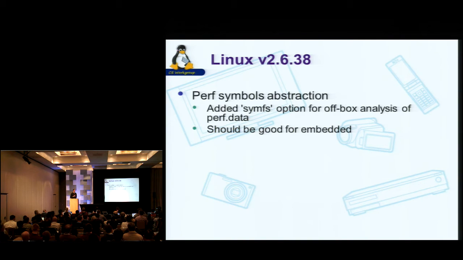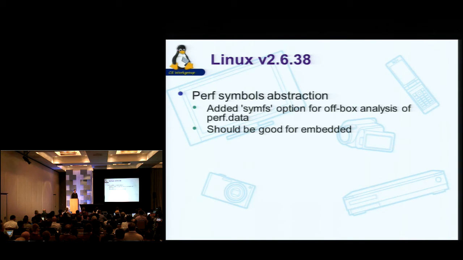So what this means is that you can now use perf to do off-box analysis. A lot of the Linux tools are not really geared for the embedded world because they don't make the distinction between on-box analysis and cross analysis. And so this is a good sign that things are progressing well for embedded.